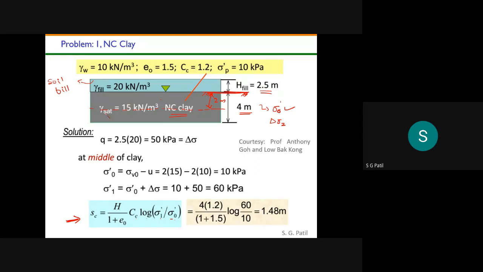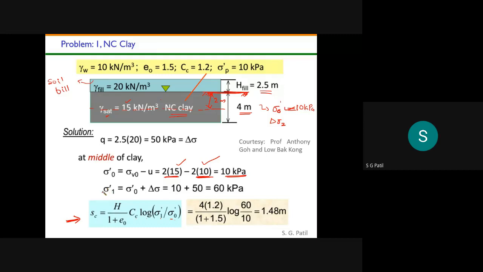The saturated unit weight is 15 kilonewton per meter cube, but I have to calculate the effective stress. So I have to deduct the unit weight of water. This is the unit weight of water, and this is the unit weight of saturated soil. So I got 10 kilopascal. Sigma naught is around 10 kilopascal.